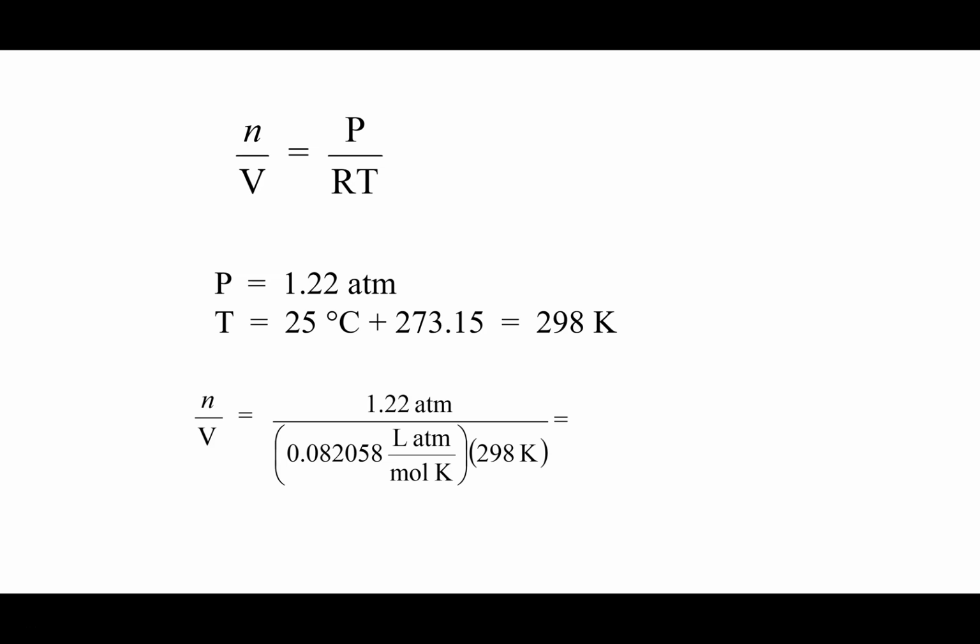Units of atmosphere cancel. What didn't cancel was units of liters per mole in the denominator. If I want to take units out of the denominator, I can. I just have to flip it. So that's going to be units of moles per liter, which is exactly what we want. 3 sig figs, and you're looking at 0.0499 moles per liter.